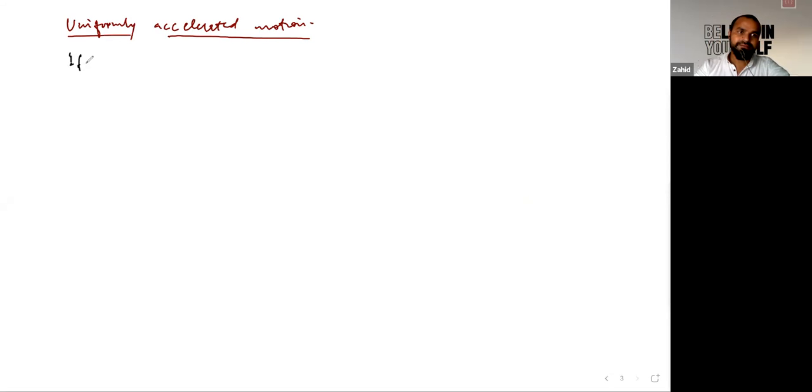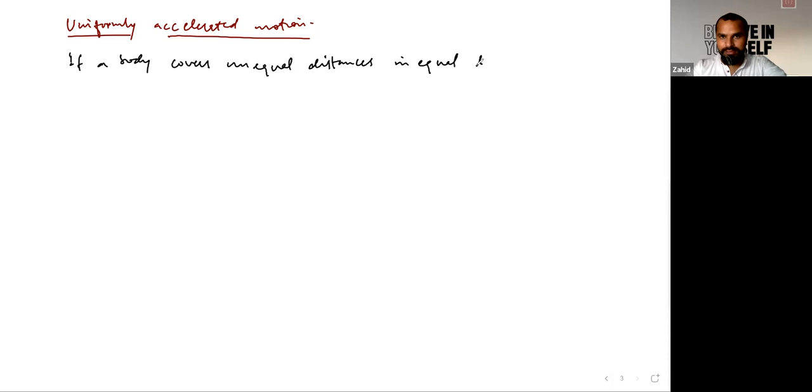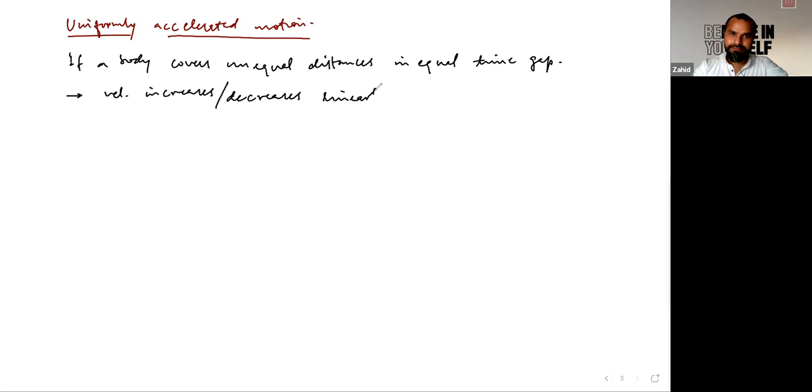If velocity increases or decreases linearly with time, then acceleration becomes constant, or having a fixed value.